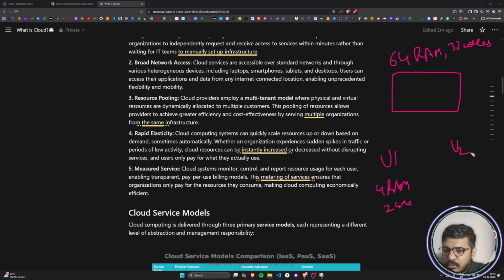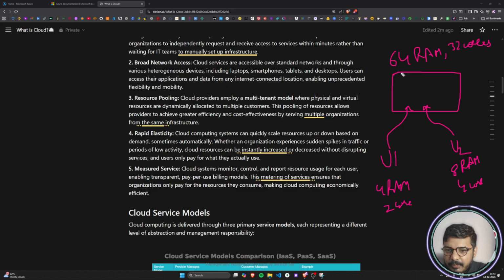Some user 2 has requested 8 GB RAM and let's say 4 cores. So what these cloud providers can do is place these two users on the very same machine.